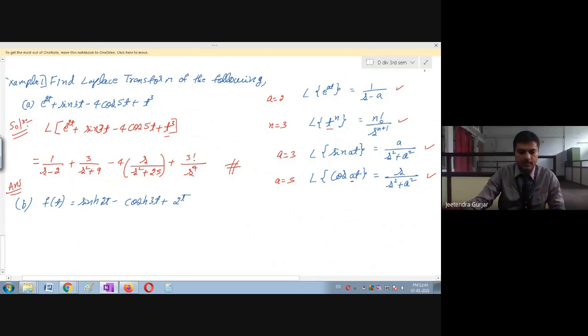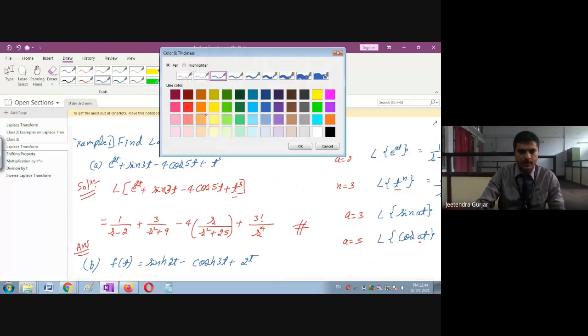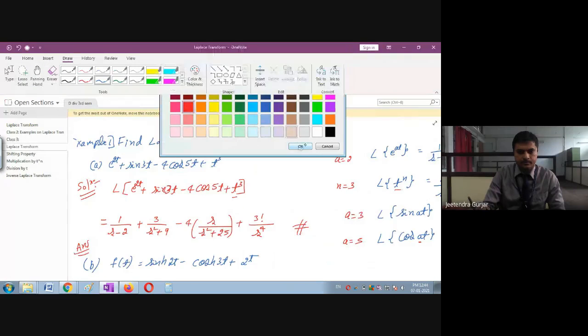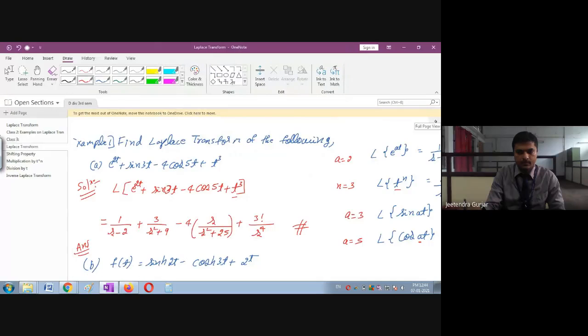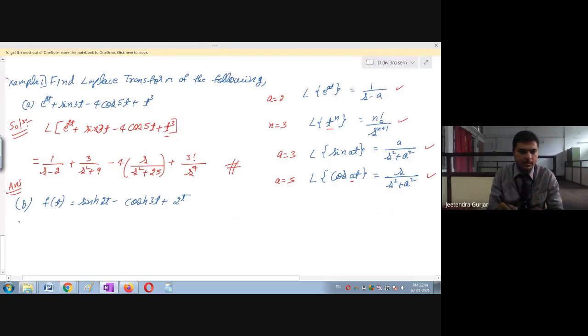Let us see one by one. Yes, students, please concentrate in the class. You can see here, I'm going to take Laplace transform of hyperbolic sinh 2t minus hyperbolic cosh 3t plus 2 raised to t.